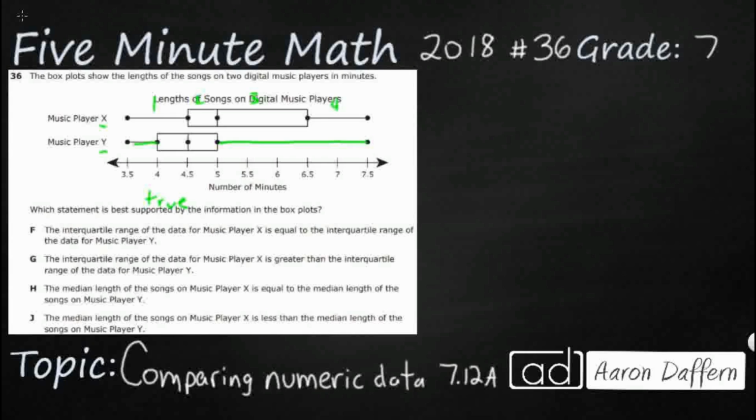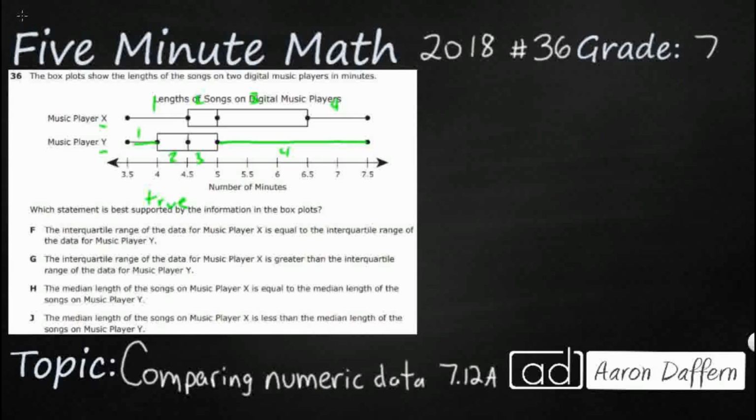So sections 1 and 4 are the lines outside the box. Sections 2 and 3 break the box into 2 parts, but obviously they're not equal parts. And you get the same thing in music player Y. You've got section 1, section 2, section 3. Look how big this section 4 is right up here, right? And so the smaller the section, the more densely packed the data are.